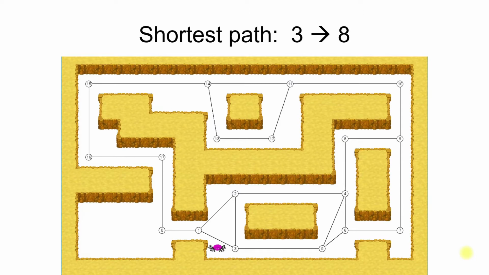I will explain the operation of the algorithm using an example task of finding the shortest path from the node number 3, which is here, and this is the closest to the spider, to the node number 8, which is here.